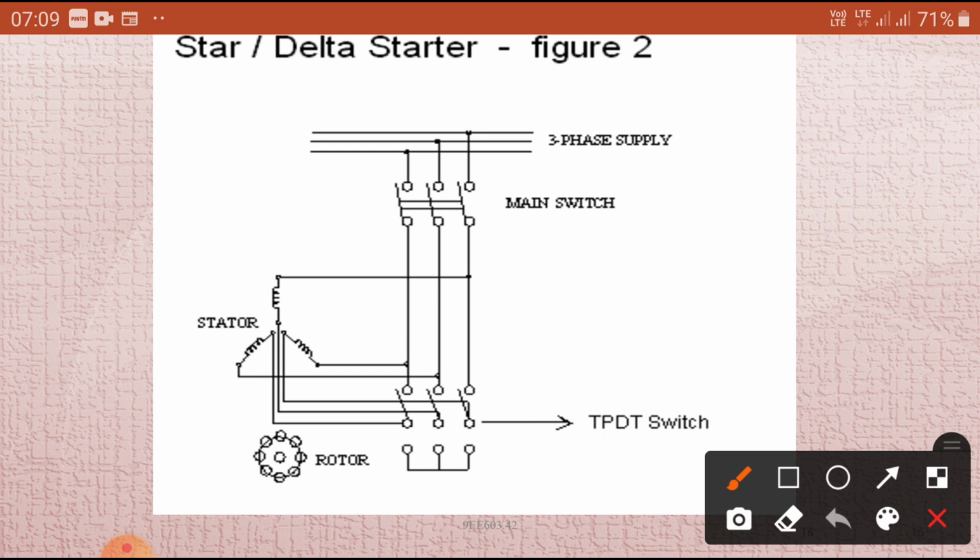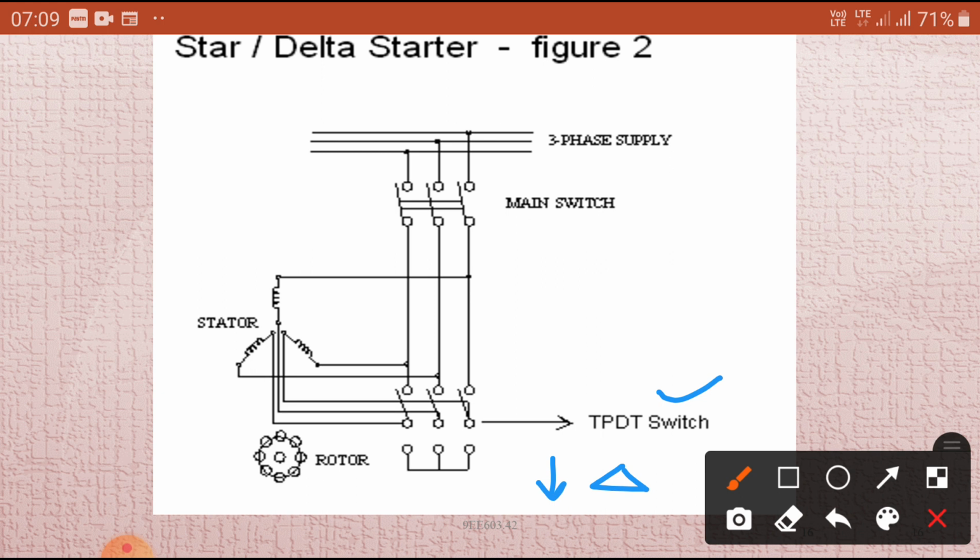If the rotor speed picks up to 1200 RPM, then this TPDT, triple pole double throw switch, is thrown to the run position, which reconnects the motor winding terminals in delta fashion.